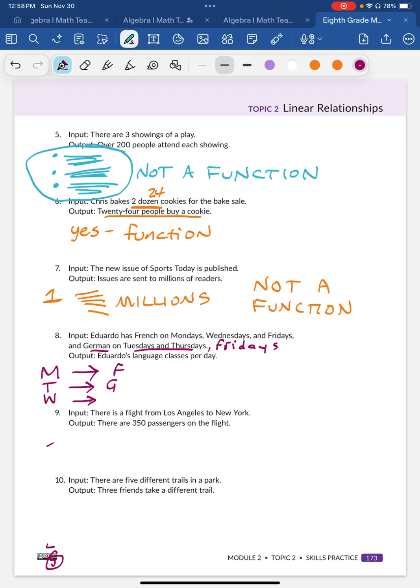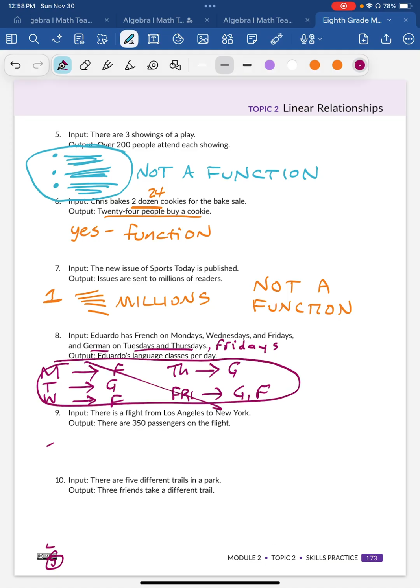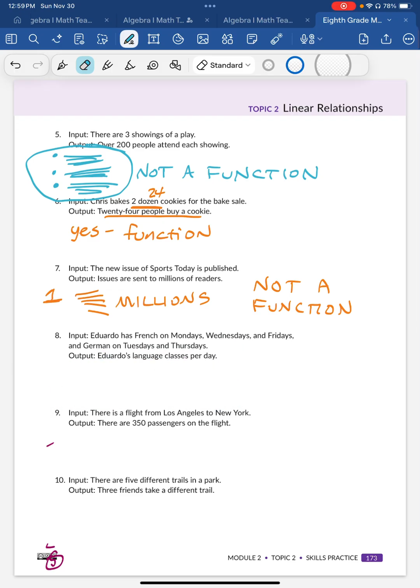On Wednesday, he had French. On Thursday, he had German. And then on Friday, he had German and French. Then that would not be a function because he had two on one day. And so that messes up the whole thing if he has 2 languages on one day. But as long as he has just one language on one day, he has a function. So I think y'all get that. But if you have any questions, just let me know.